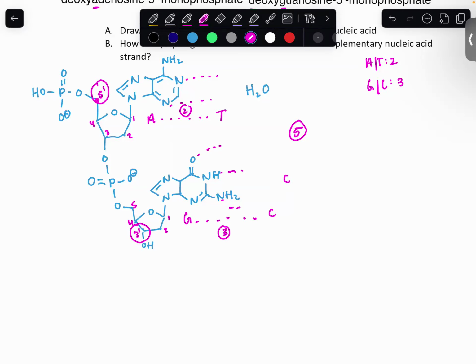So instead of having the positive, we would have the negative form. And then if it were neutral conditions, we would have this zwitterion, where it's both positive and negative, but they equal out to be neutral.